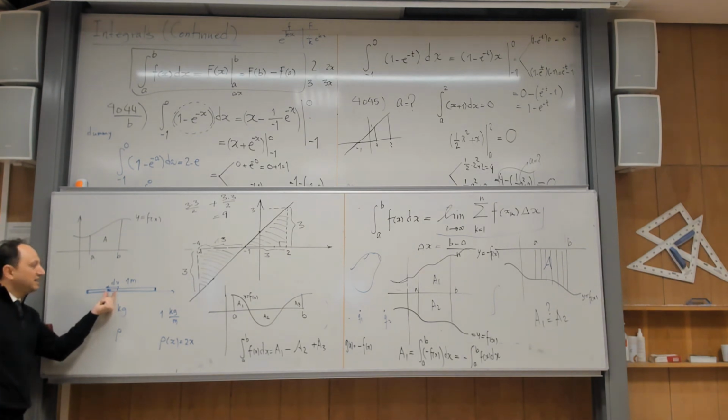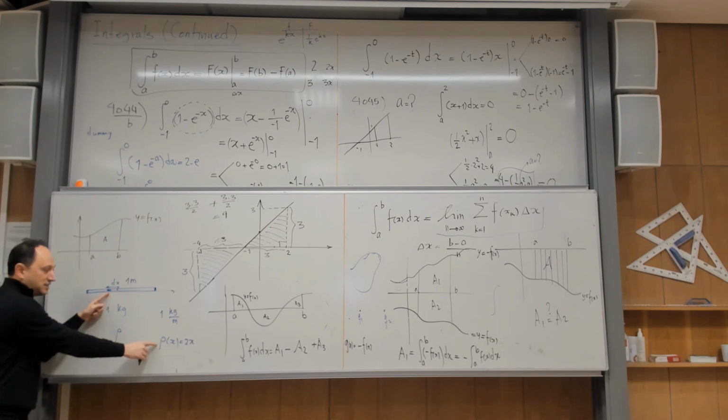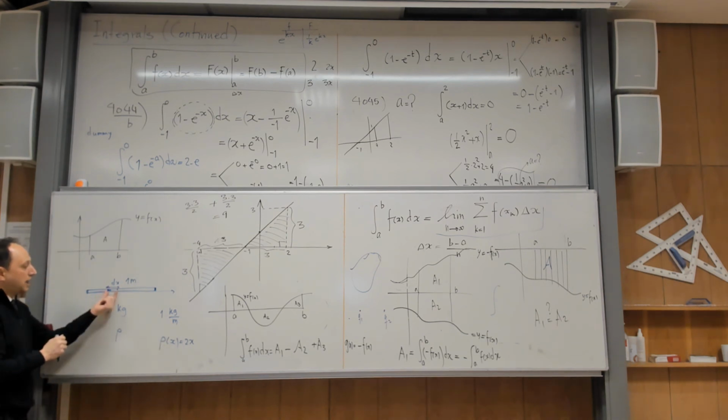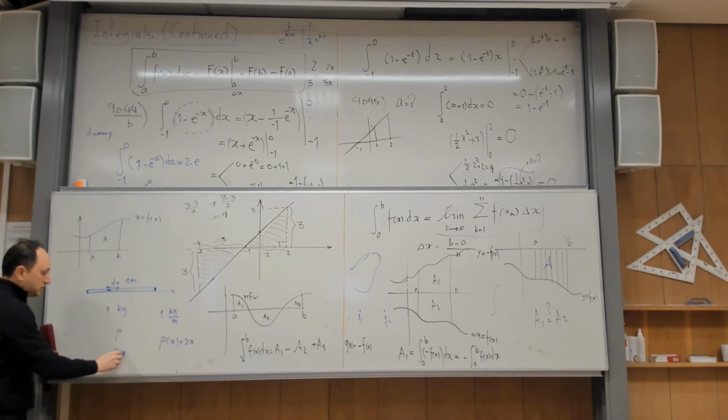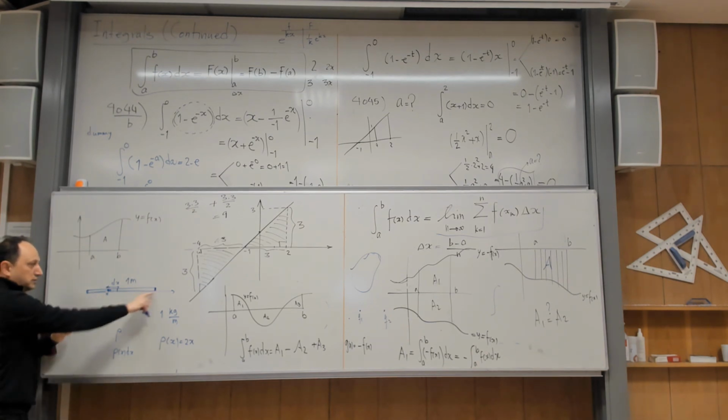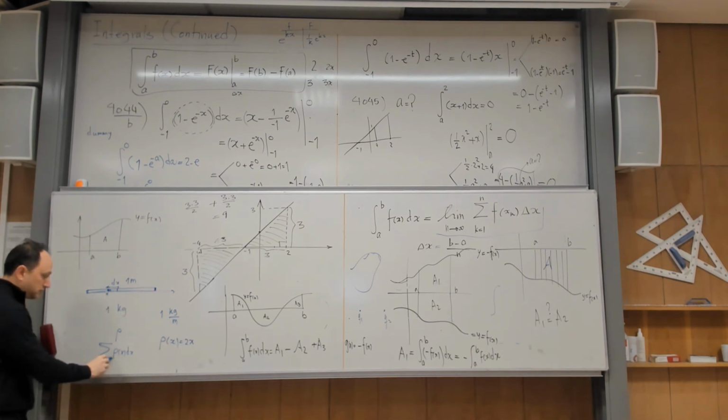Then you would say approximately yes, because this is so small and the density depends on x, but because the variation in x is not so big, I cannot expect a very big variation in rho. So it means that I can take it as rho of x, whatever here is x, and then you multiply it by this. This will not give you the mass of the whole object, it gives you approximately the mass of this tiny bit. And then for finding the total mass, you have to add them.